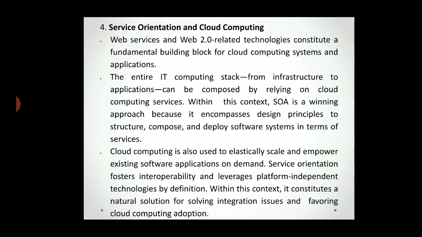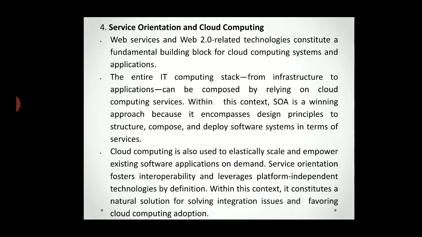Within this context, SOA is a winning approach because it encompasses design principles to structure, compose, and deploy software systems in terms of services. Therefore, service orientation constitutes a natural approach to shaping cloud computing systems because it provides the means to flexibly compose and integrate additional capabilities into existing software systems.